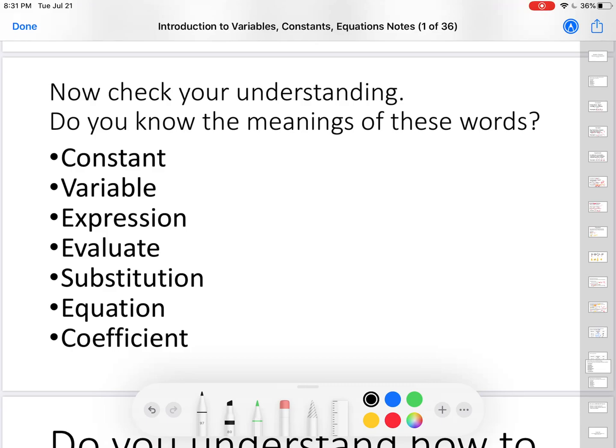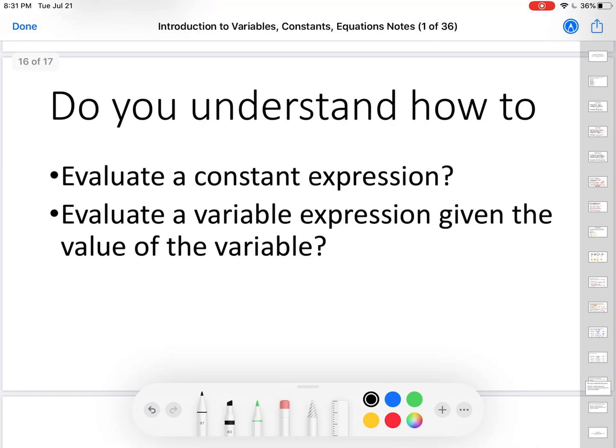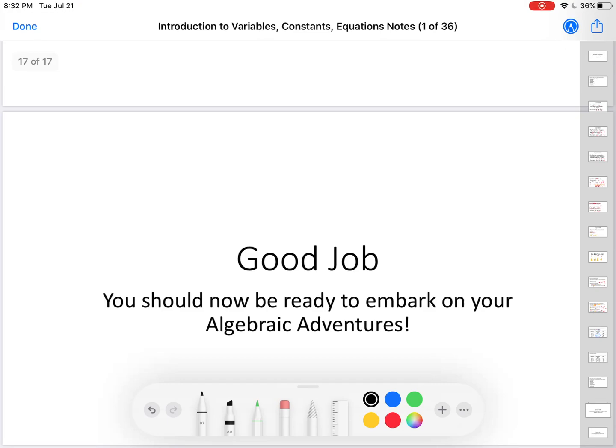Do you know what a coefficient is? Everyone good? All right. Do you understand how to evaluate a constant expression and evaluate a variable expression if I give you the value of the variable? These are two skills that you need to know. Good job. You should now be ready to embark on your algebraic adventures.